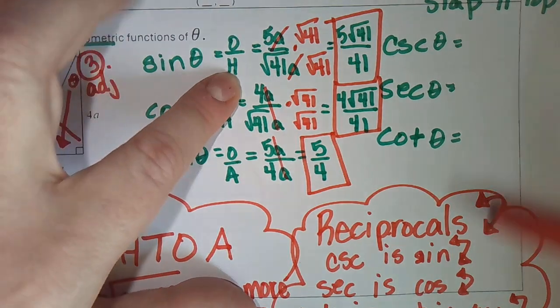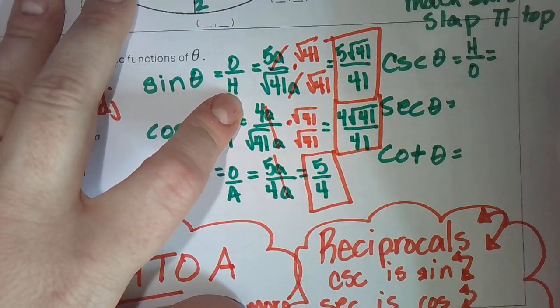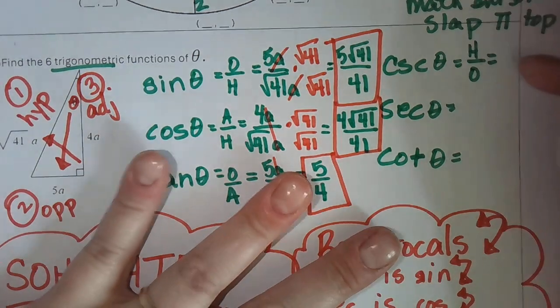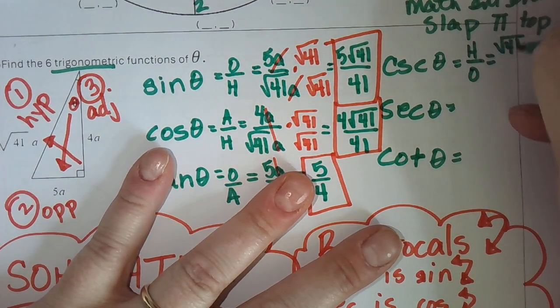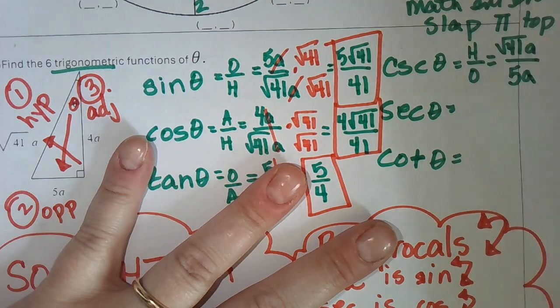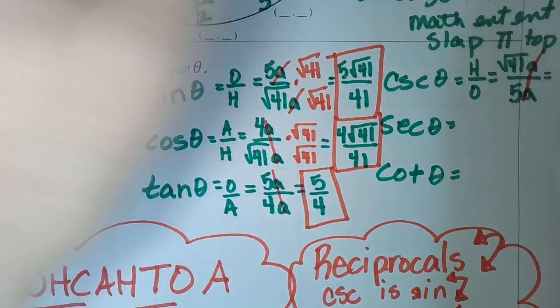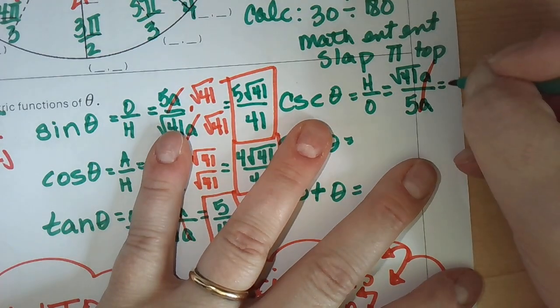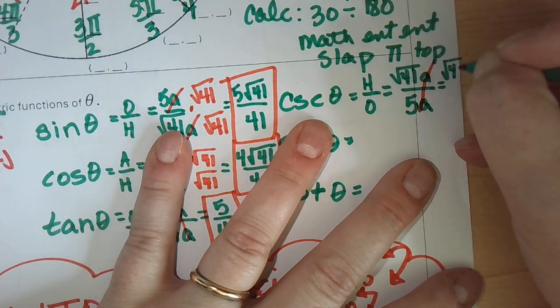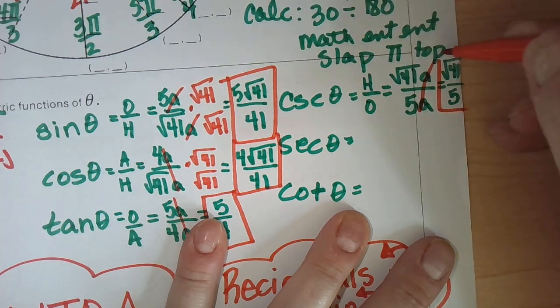Let's just make it H over O. Ho, ho, ho. All right, the hypotenuse is now square root 41a, all over the opposite is 5a. Okay? The a's cancel, and we get square root 41 over 5.